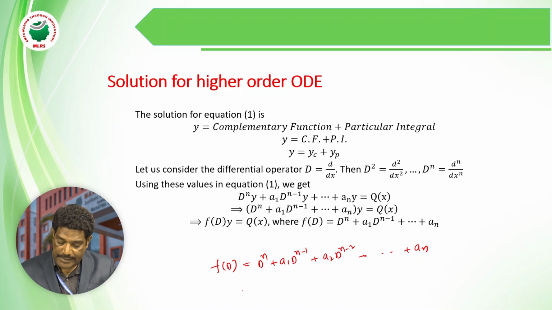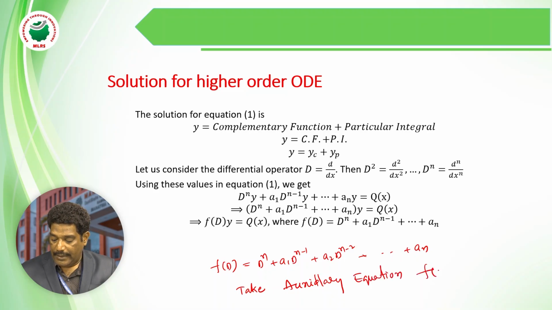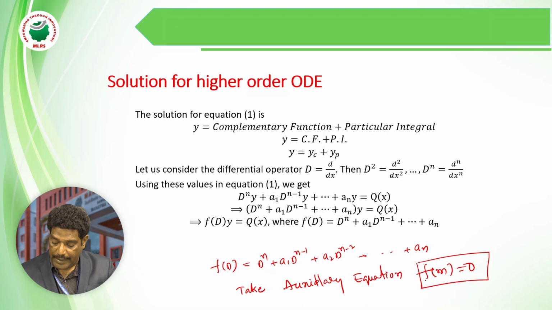Now, from this, we need to take the auxiliary equation, that will be f of m equals 0.